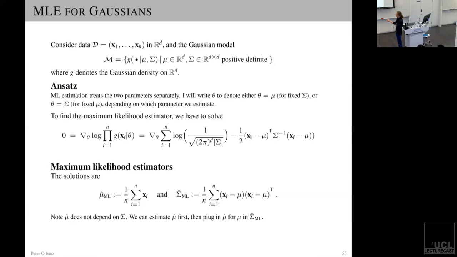you find that for the two maximum likelihood estimators, if you differentiate with respect to mu, set that derivative to 0, and solve for mu, the maximum likelihood estimator for the mean is just the normalized sum over the sample points, the sample average. If you take sigma instead, it's a bit more work.